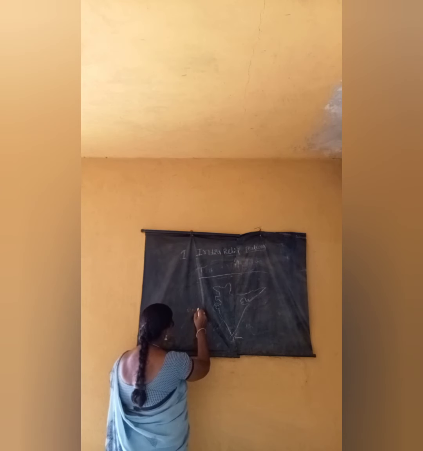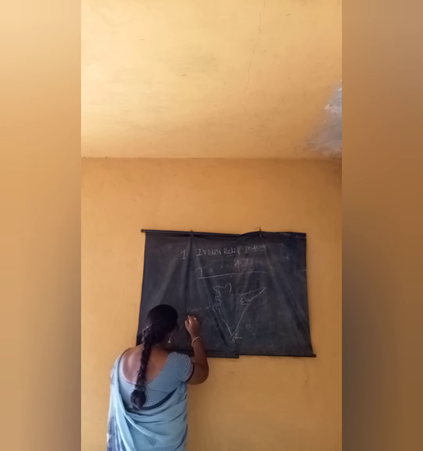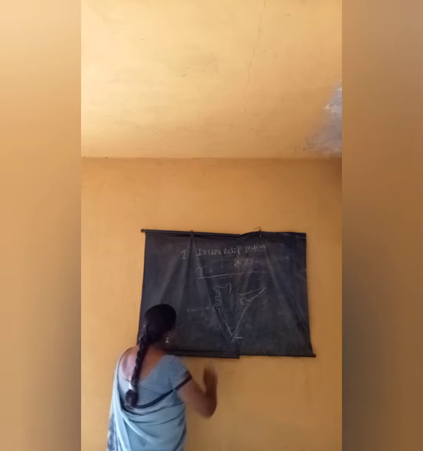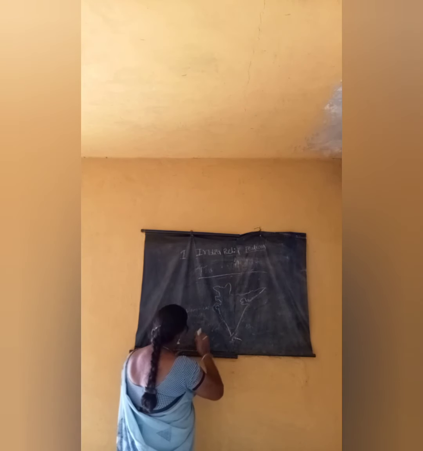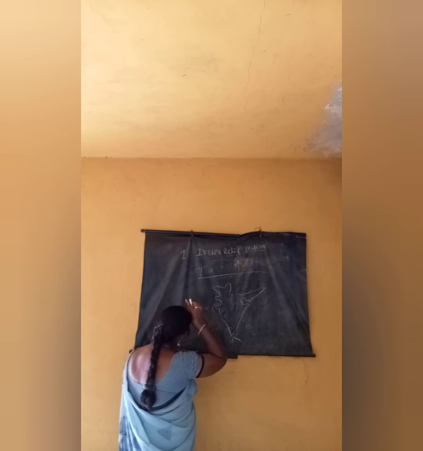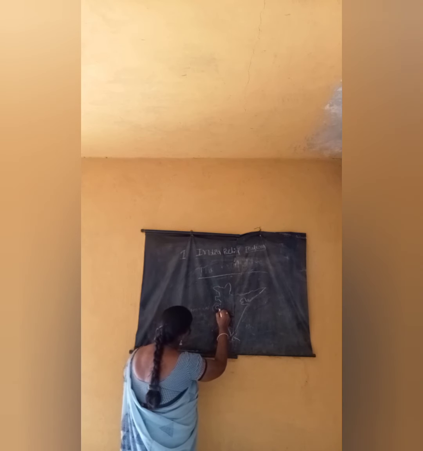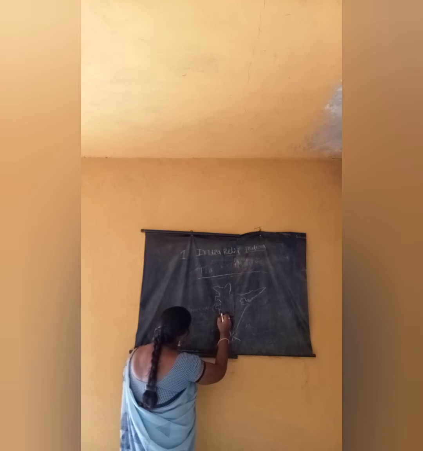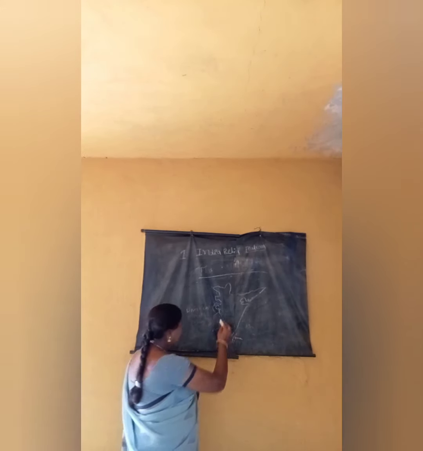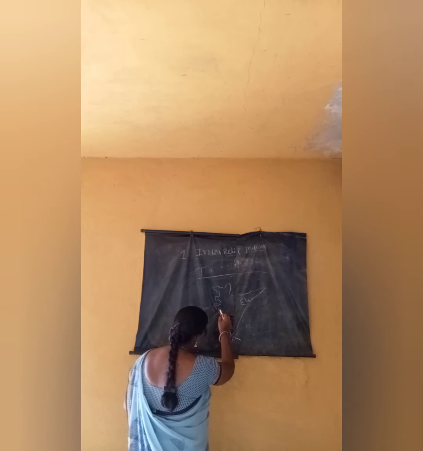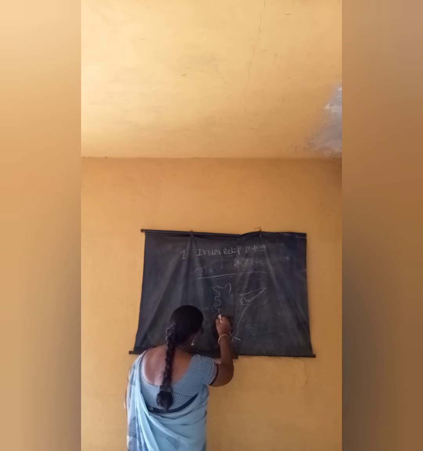Northern part, middle part, and southern part. Firstly, the northern part of the coast, local name Konkan coast, in Maharashtra, Mumbai, Goa.